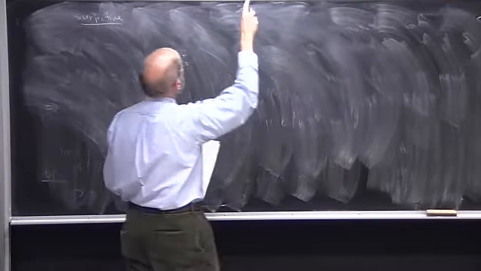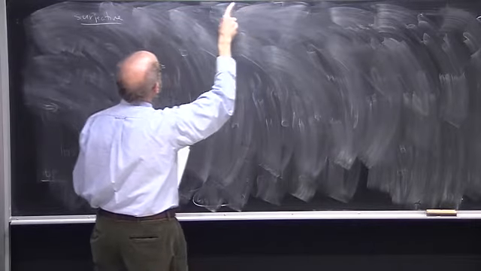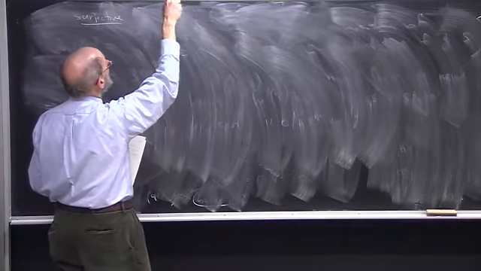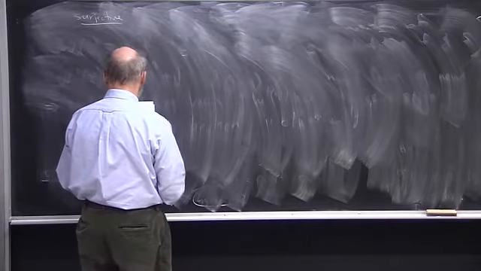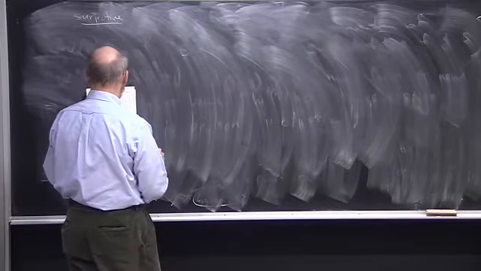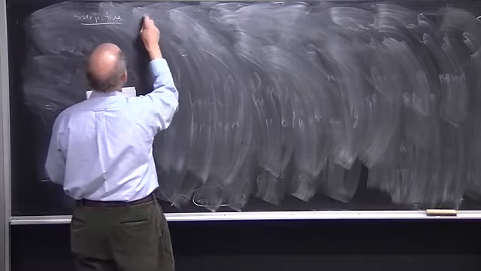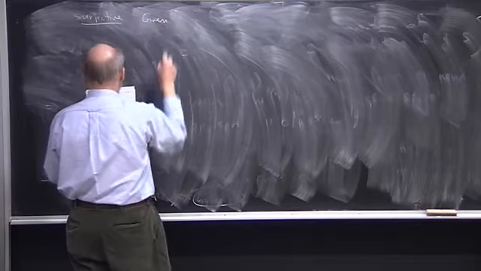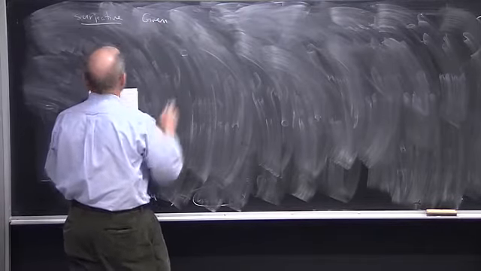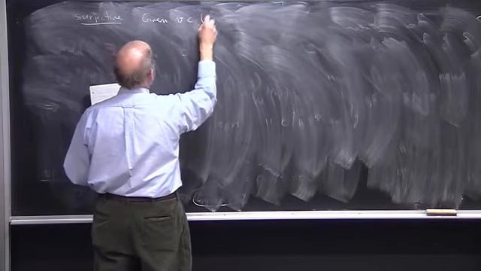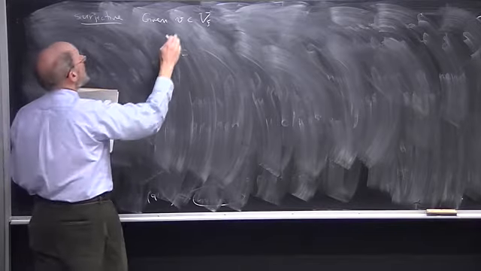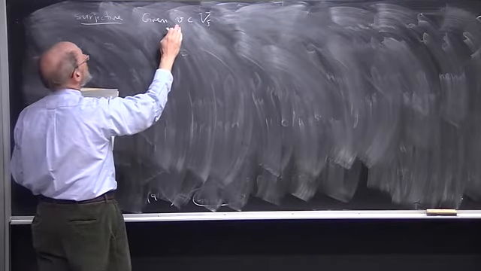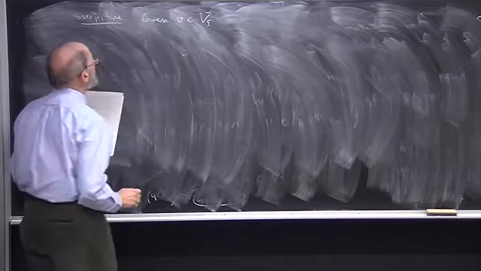So every vector in V comes from some vector U in the tangent space. So given a vector v in V, we seek some tangent vector whose image is this.